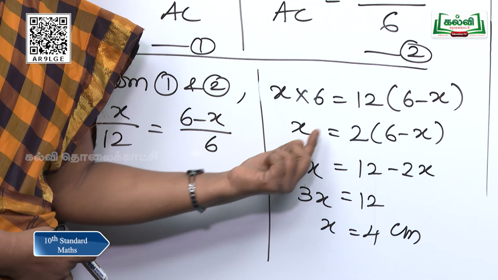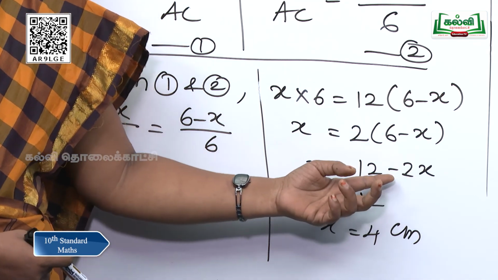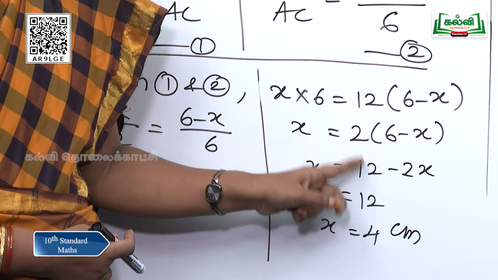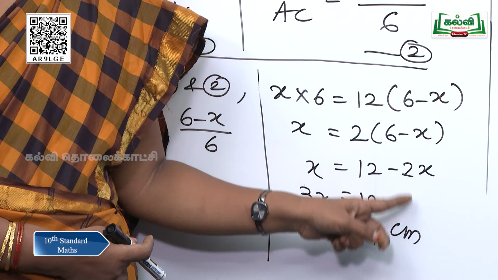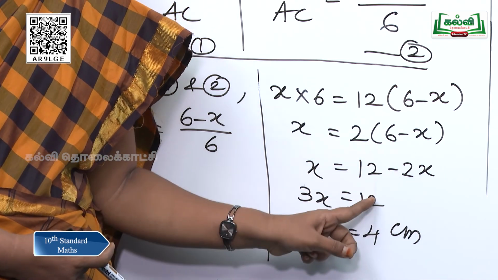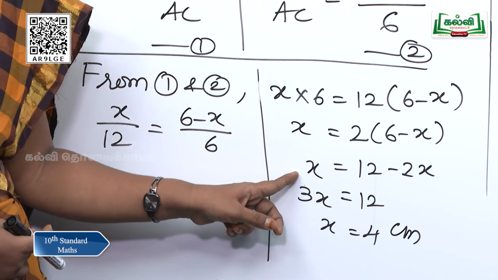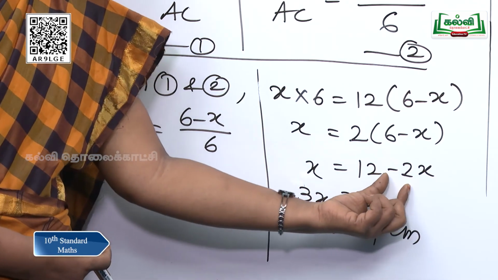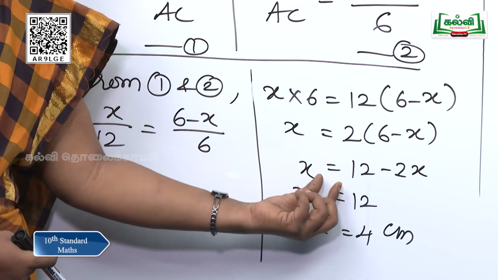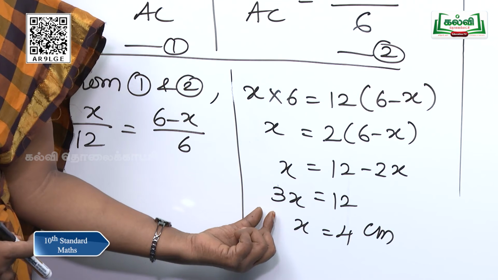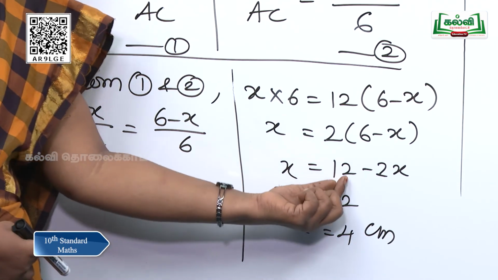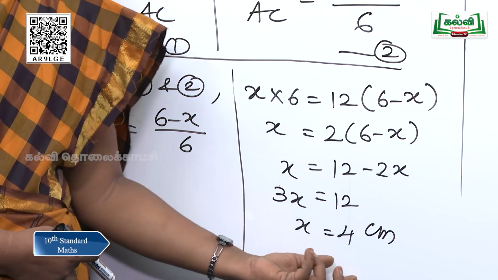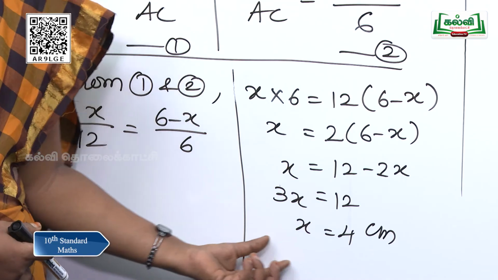Yes, X is equal to 2 into 6 minus X. So, 2 into 6 is 12, 2 into X is 2X, since it is minus X. So, minus 2X we have here. So, X is equal to 12 minus 2X. So, take minus 2X this side, it will come as X plus 2X, which is 3X. So, 3X is equal to 12 or X is equal to 4 centimeter is our answer.